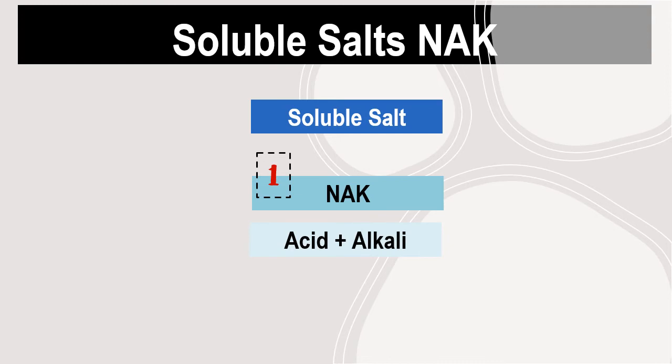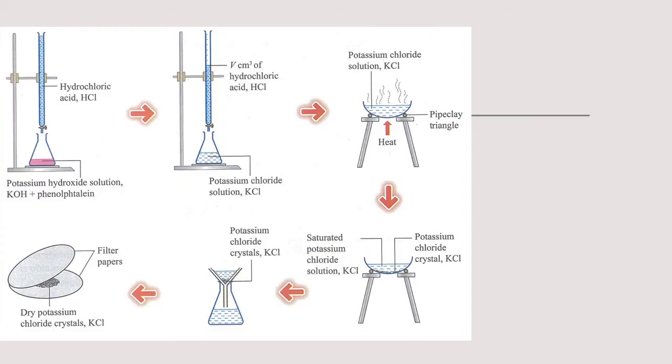So, kita akan perhatikan titration methods tu berlaku mengikut step apa. Okay, so referring to this diagram, flow charts ini, kita nampak bahawa they are using the titration method. So kita nampak ada conical flask, ada burette.